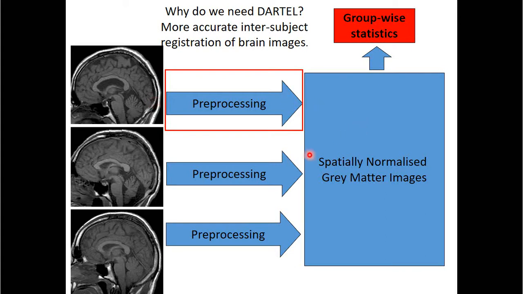After it gets partially normalized towards the common global MNI, Montreal Neurological Institute template, you will be able to do group-wise statistics and to extrapolate those findings to results of other labs, other studies.